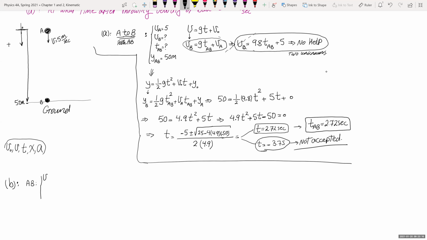These five quantities in kinematics are always required in every section. So at point A, we do have initial velocity, correct? At point B, I don't have velocity. I do have height. It's given.